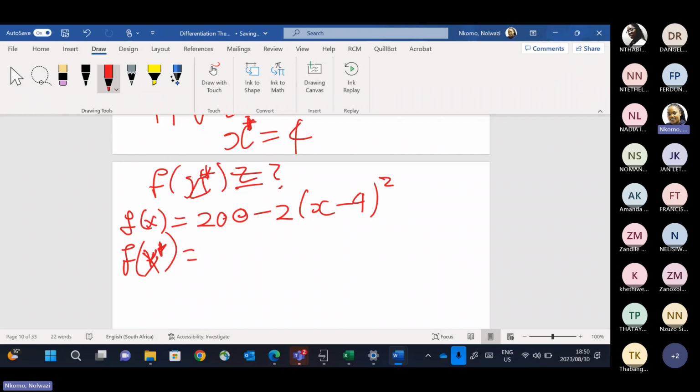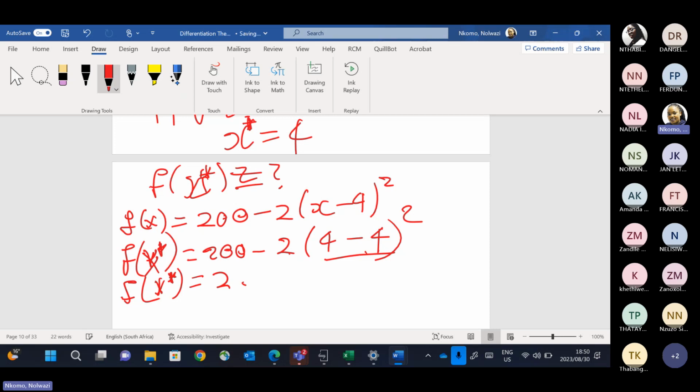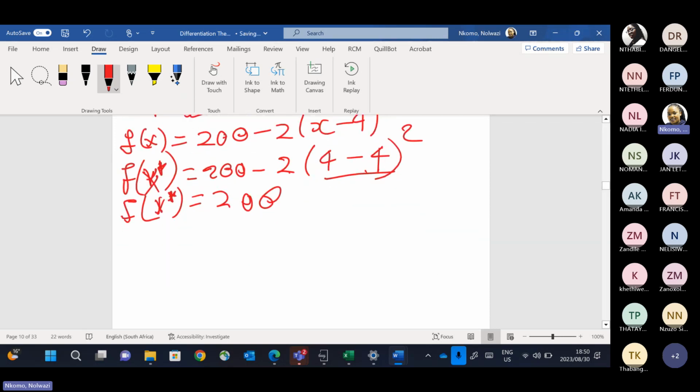Okay, this means we will have 200 minus 2 into 4 minus 4 all squared. Okay, this gives us 0. 0 times 2 is 0. So this means our f at x star is equal to 200. This means our stationary point is (4, 200).